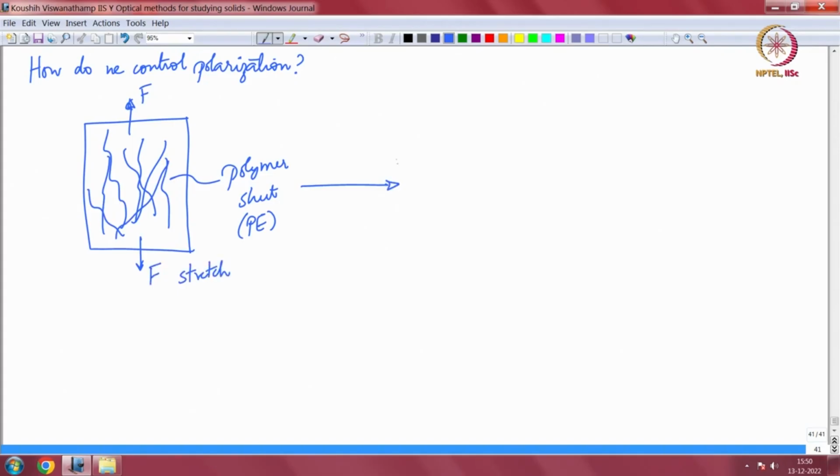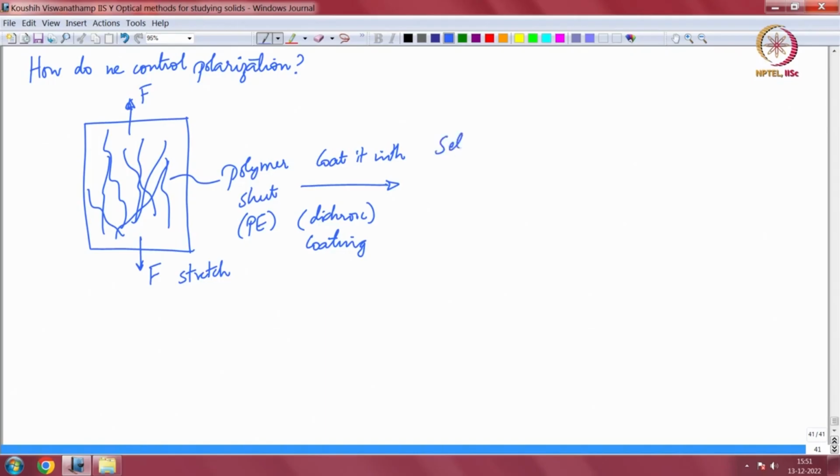Once you have stretched it, you can coat it with a suitable coating. There are several coatings, they are called dichroic coatings. And what they will do is that they will allow the sheet to pass light without much absorbance in the polymer chain stretch direction, but they will absorb light in all the other directions, okay.